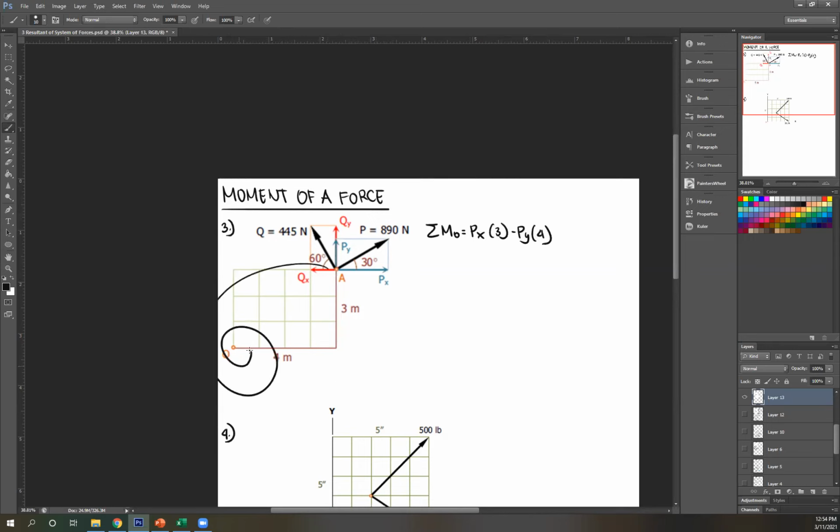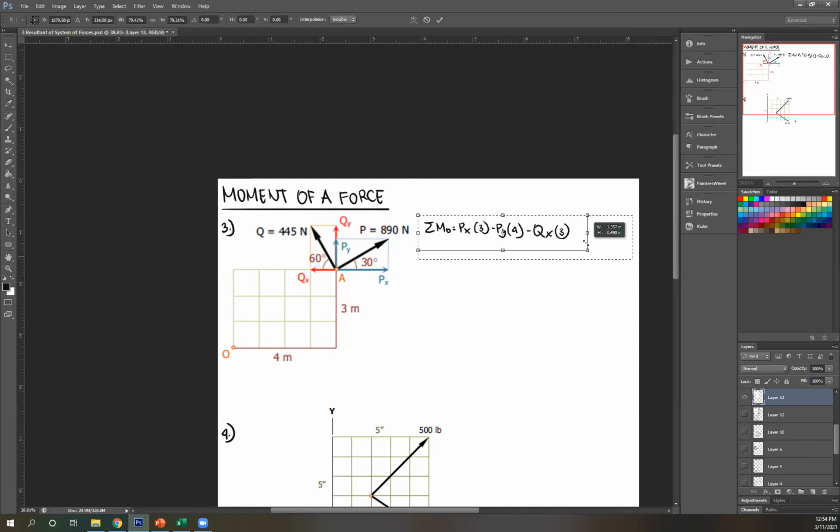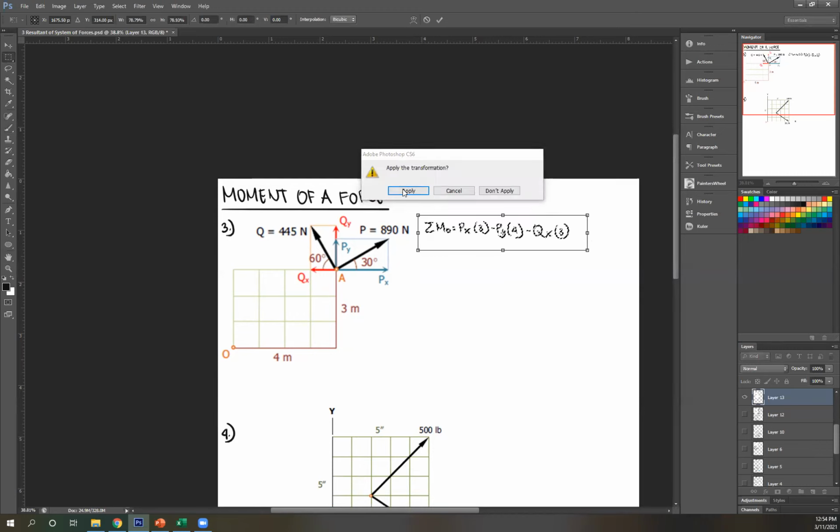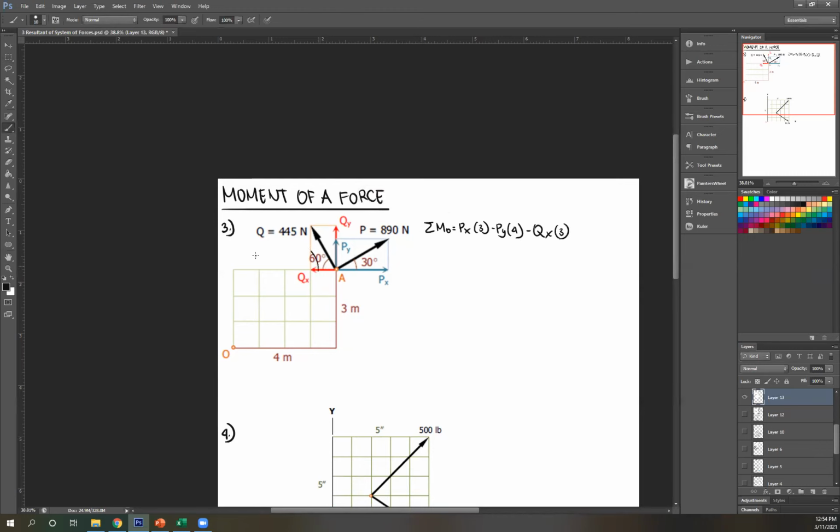Next, Qx rotated about O, that's counterclockwise. Negative Qx, perpendicular distance, that is 3. Distances are shown. And then lastly, Qy rotated about O, that's once again counterclockwise, minus Qy multiplied by perpendicular distance 4.